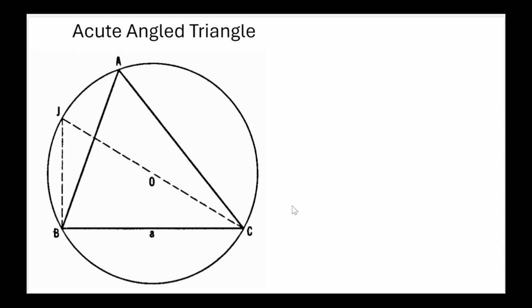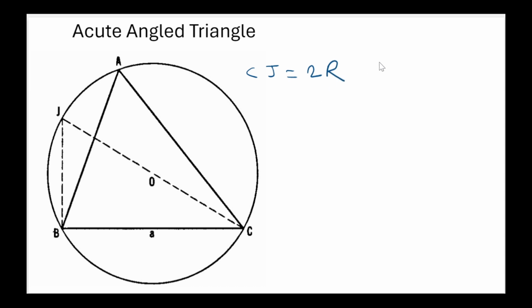The circumscribing circle has radius equal to R and its center, the circumcenter, is O. Here we draw the dotted line CJ passing through the center O, and therefore it is a diameter of the circle. CJ is a diameter, therefore its length will be 2 times the radius, that is 2R.